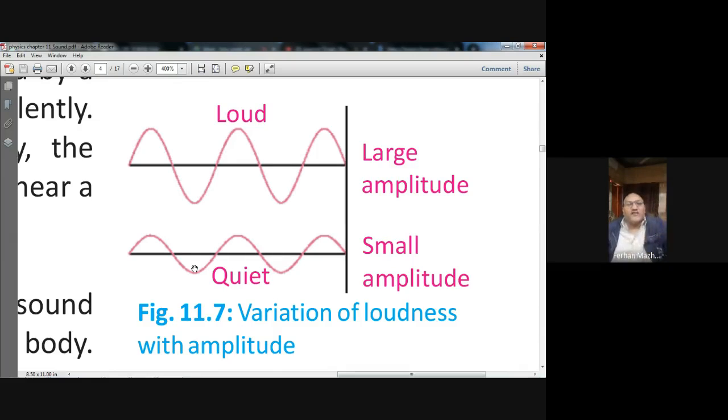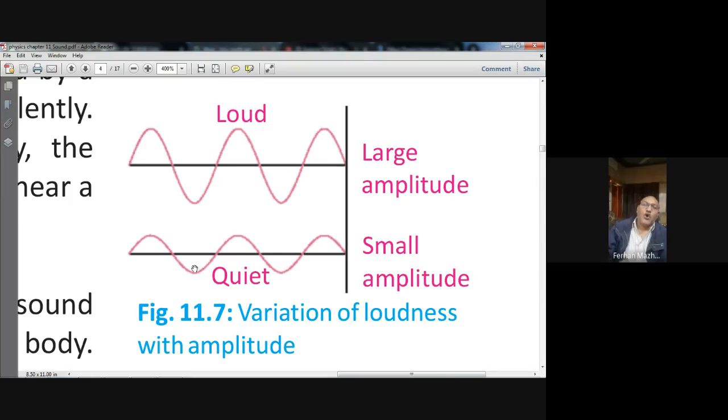The opposite of louder is fainter, okay? So from these two, the first and the second, if somebody asks you which one is fainter, the second one is fainter. And why is the second one fainter? Because this graph shows that it has smaller amplitude as compared to the first one.